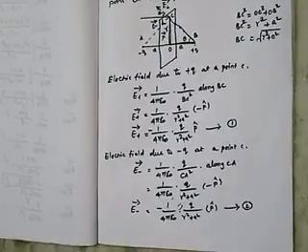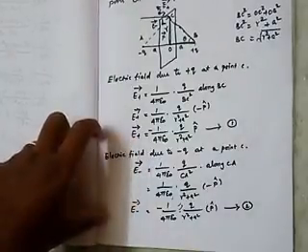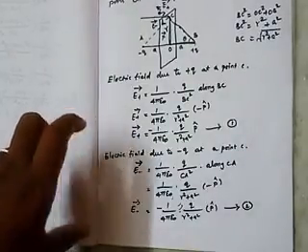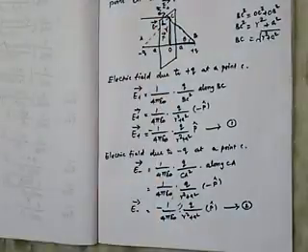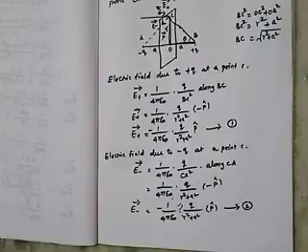So here we can calculate the total electric field. The total electric field at a point C is resolved into two components, one horizontal component and another vertical component.